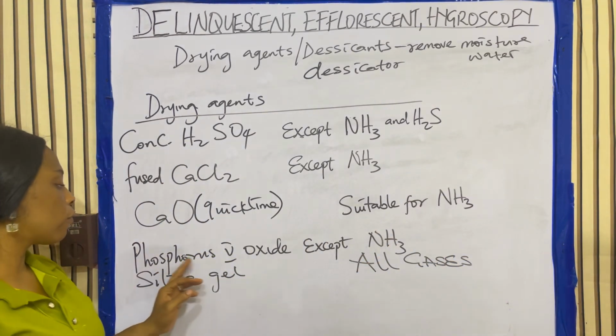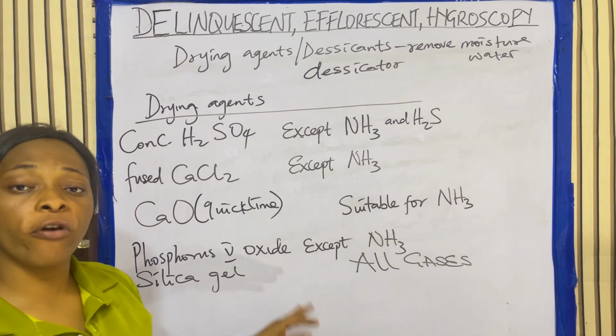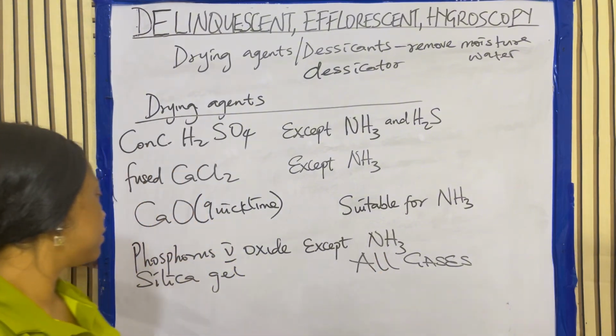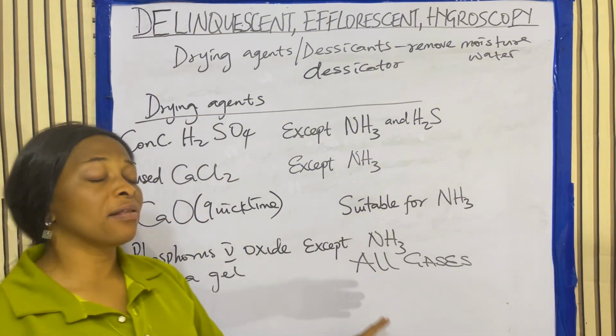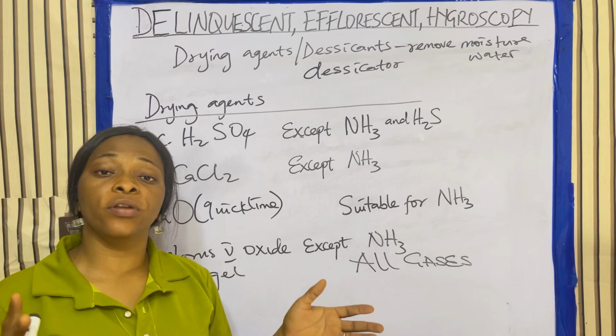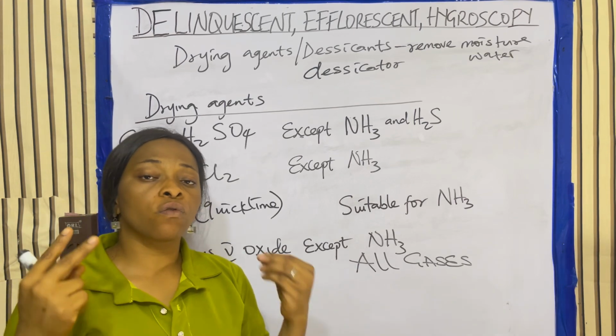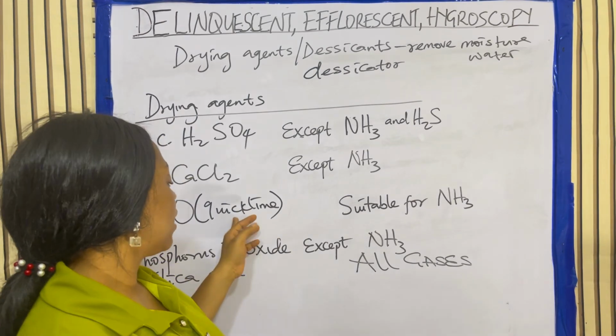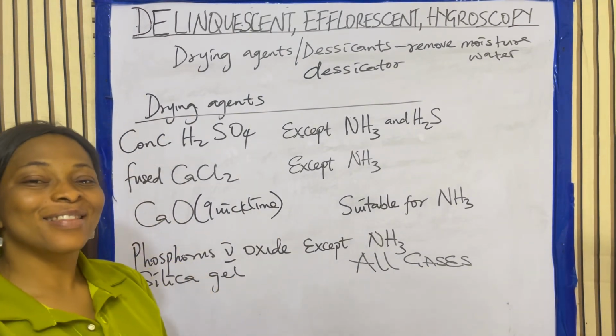Then phosphorus(V) oxide is suitable for drying all gases except ammonia. And silica gel dries all gases including ammonia. So the two suitable drying agents for ammonia are quicklime and silica gel.